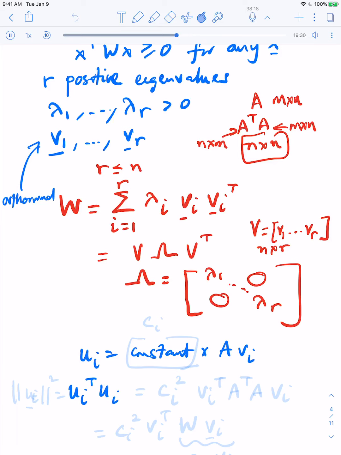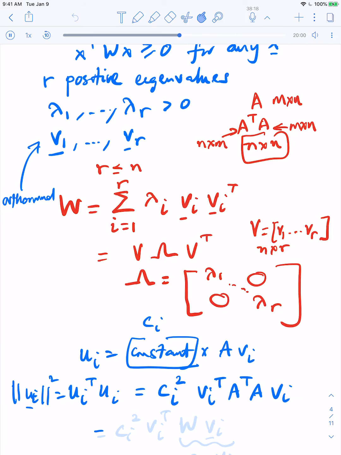Let me abbreviate this constant, let me call it c i. Okay, u i transpose u i is the norm squared of u i. I want this to be 1, so it's going to be c i squared v i transpose A transpose A v i, right? I'm just plugging it in.